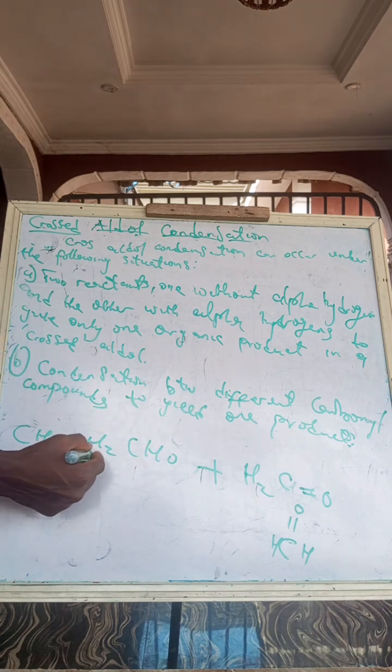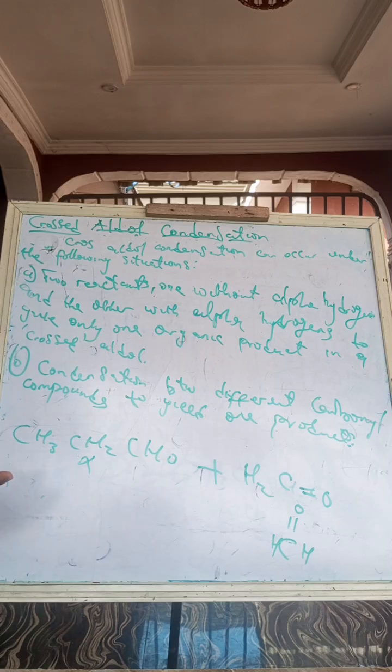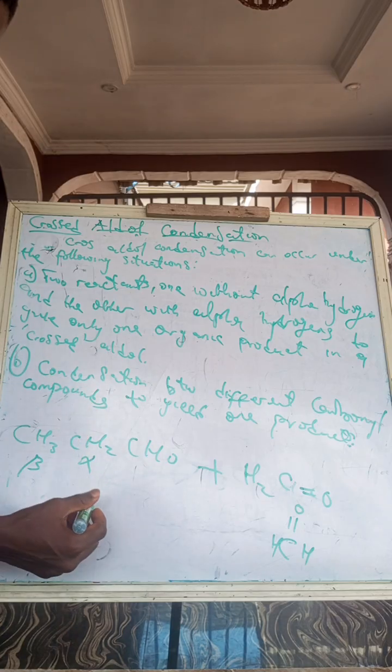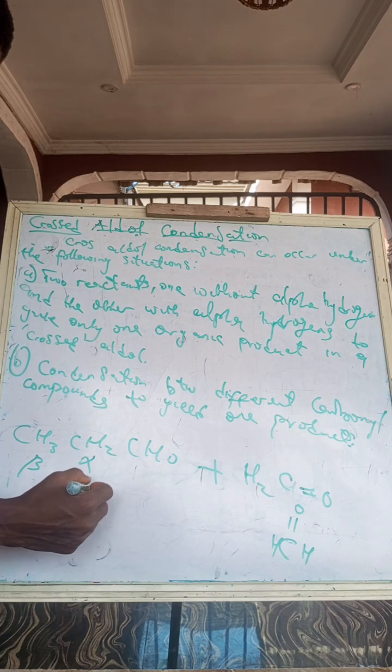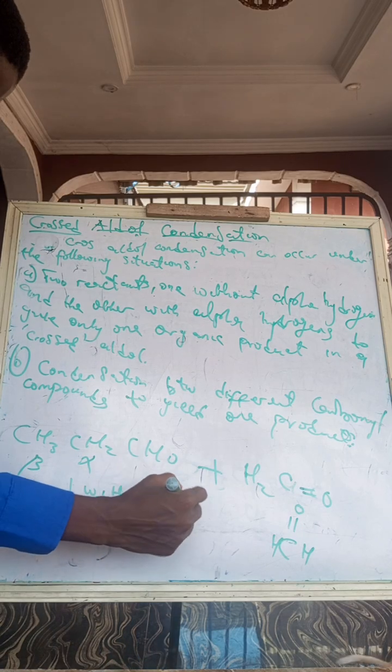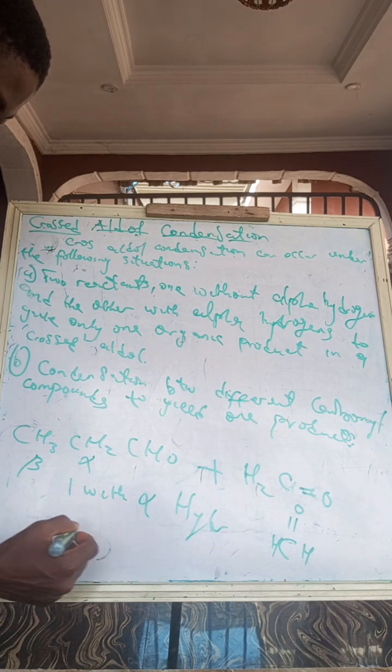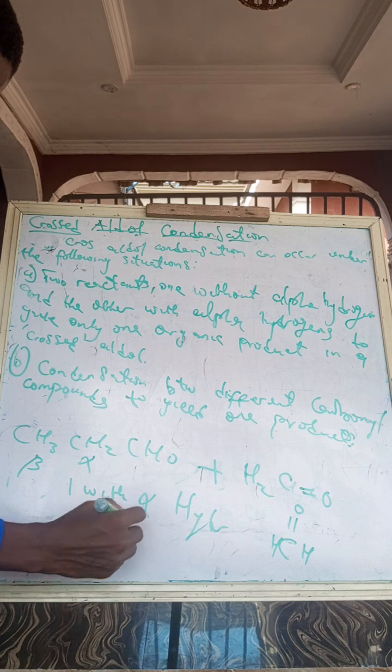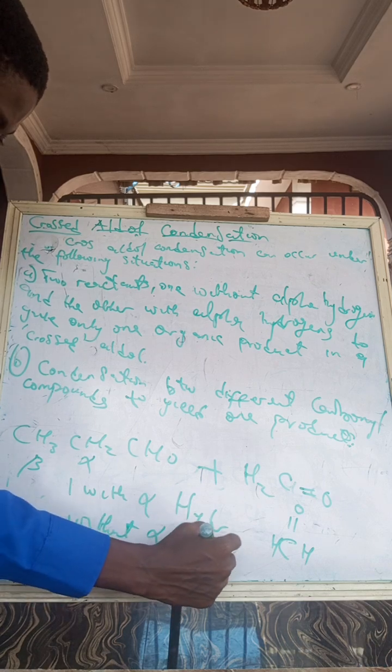You can see there's a presence of alpha hydrogen. So that's one of the bases of cross Aldol. It contains two reactants, unlike the ordinary Aldol, which is made of just one single reactant. So it contains two reactants, one with alpha hydrogen and the other without alpha hydrogen.